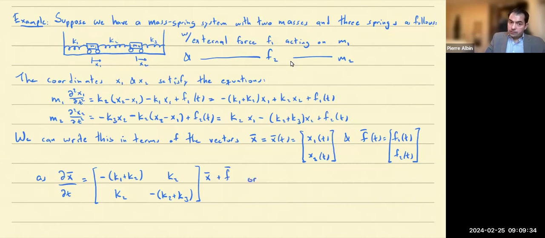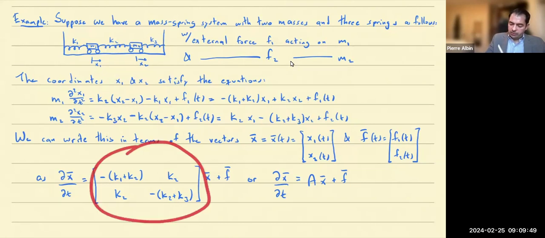Or more succinctly, this is dx/dt equals capital A times x bar plus f bar, where capital A is this matrix.